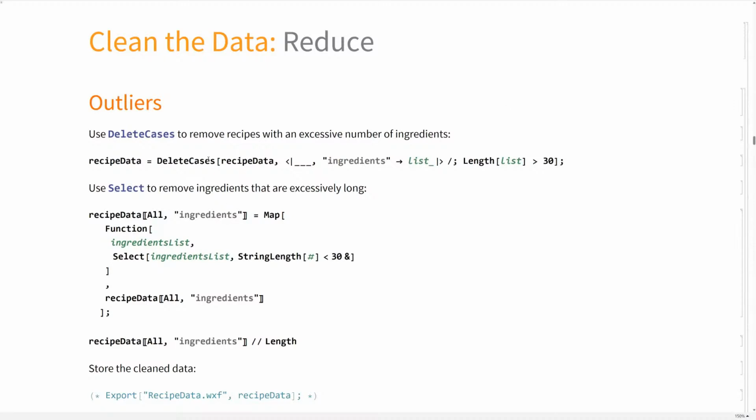So the first one, we want to remove recipes with an excessive number of ingredients because they're just way too unique to be contributing to the data itself. So here we're removing anything that has more than 30 ingredients. And remember, we have the histogram showing that the majority of the recipes have less than 30 ingredients.